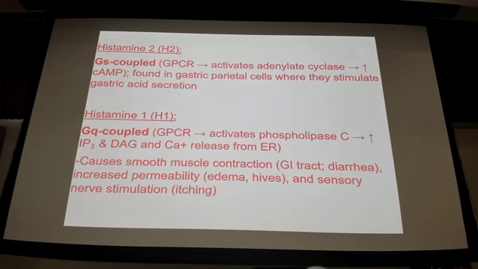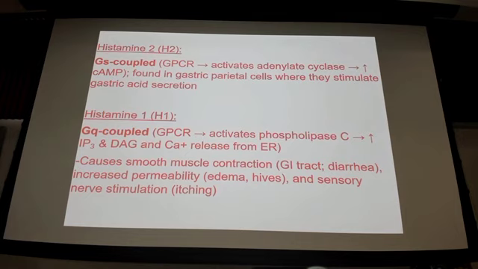Then I got another question about histamine. We know that histamine 2 is also blocked, and that is used when a person has acid reflux. Histamine 2 receptors are G sub S coupled. We know this coupling causes the stimulation of cyclic AMP in that cascade that we talked about.